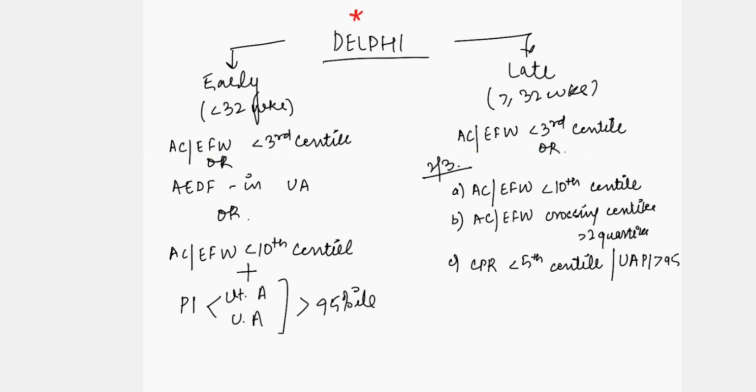But in late weeks, if the abdominal circumference or expected fetal weight is less than the 10th centile, then we need to have an abnormal Doppler change, which can either be pulsatility index more than 95 percentile in the early weeks, or it can either be AC EFW crossing centiles of more than two quartiles, or cerebroplacental ratio less than fifth centile, or uterine artery pulsatility index more than 95.